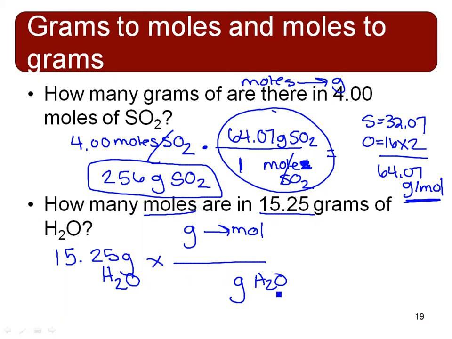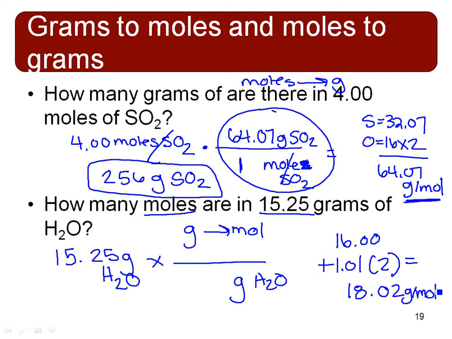If we add up the molar mass of H2O, it's going to be 16 plus 1.01 times 2. That gives us about 18.02 grams per mole. This is the molar mass of water. We put that number on the bottom because that's how many grams we have. And when we look at the periodic table, it's always out of 1 mole.